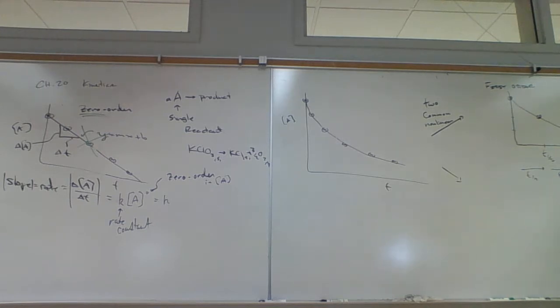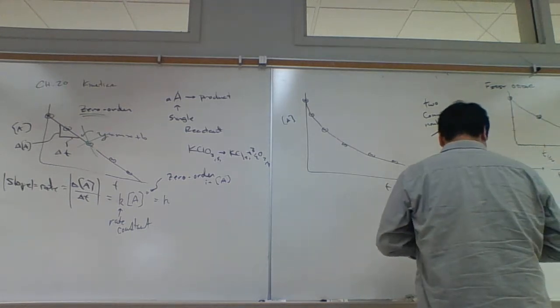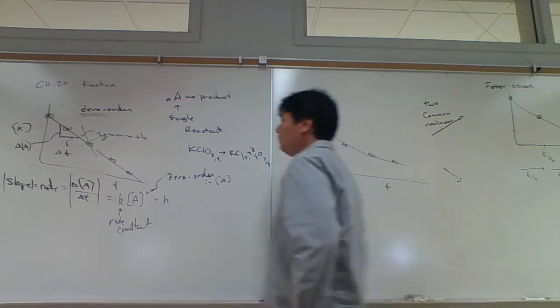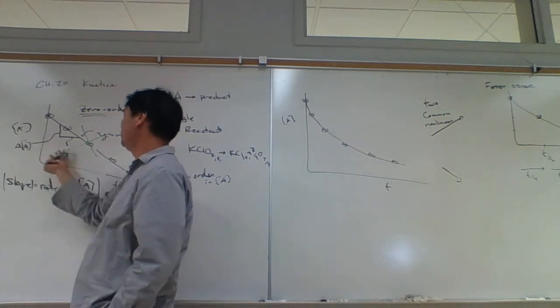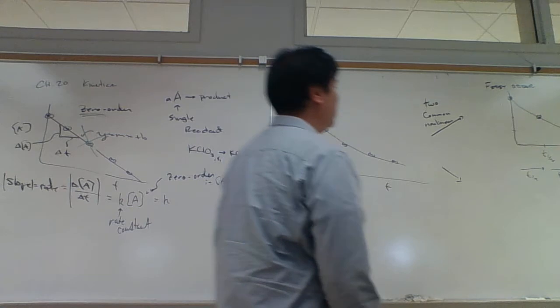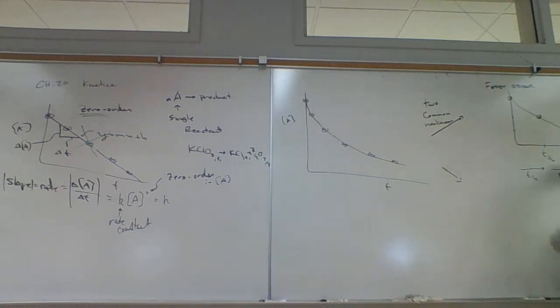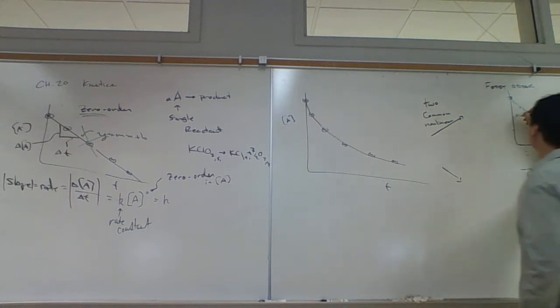Okay, now we have a couple of things here. The rate here of change is the change in A over the time period over here. And the same thing here, we have different things. For example, here, the rate at this particular time, t, just say, what is the rate? Well, the rate is going to be equal to the slope of the tangent line at that particular time. So if we look at the tangent line here, we'll get this one as our rate.